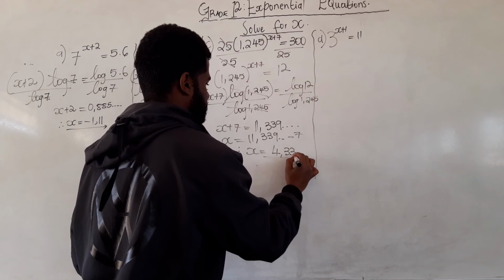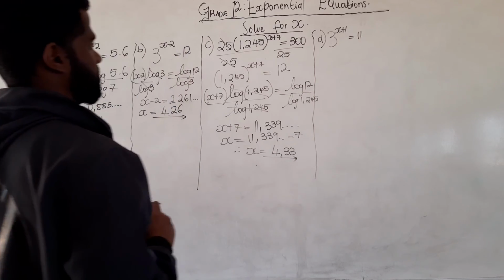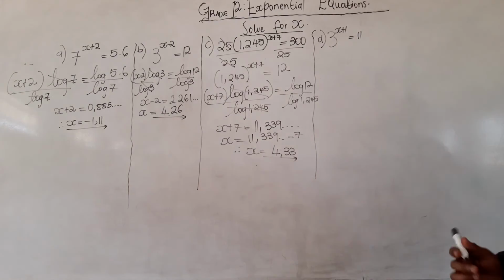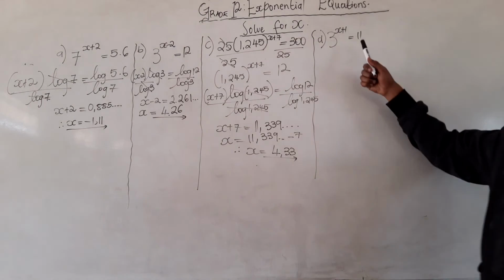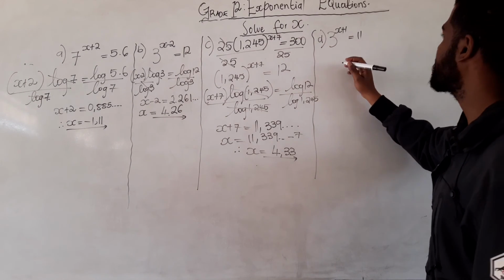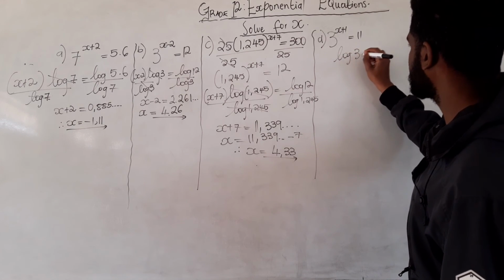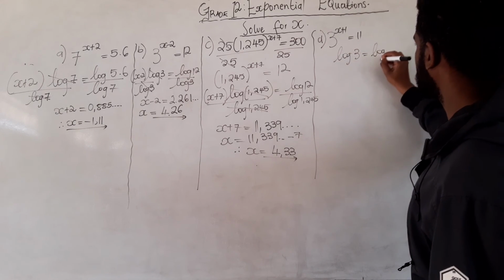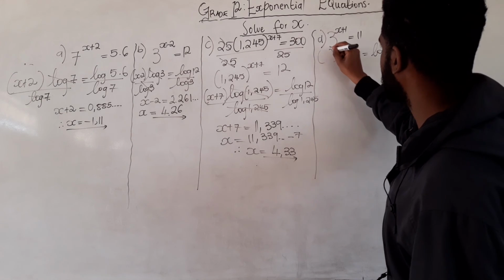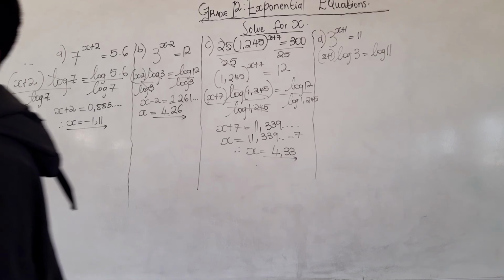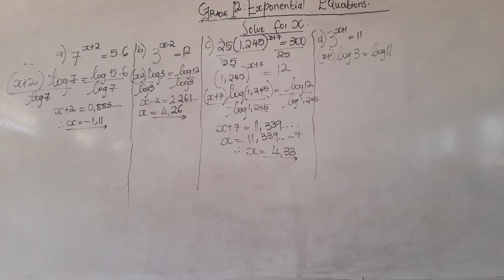And then our final equation: 3 to the power x plus 1 is equal to 11. We cannot factorize 11 to become 3 to the power something. Therefore, we are going to log both sides, log 3 to the power x plus 1 is equal to log 11, and then x plus 1 will become the coefficient of the logarithm. After that step, we are going to divide both sides by log 3.